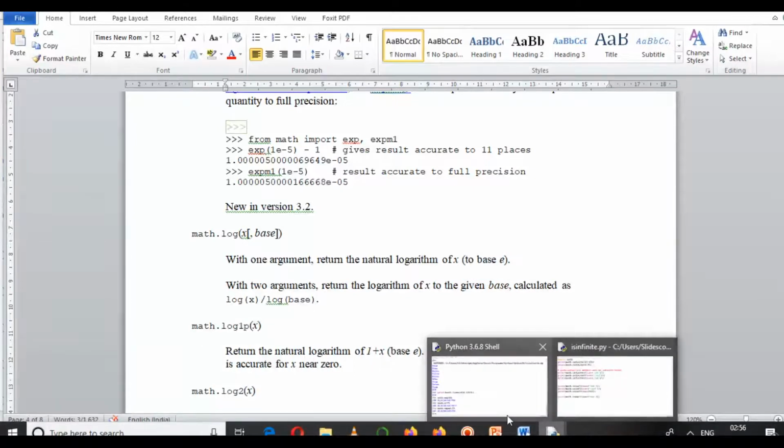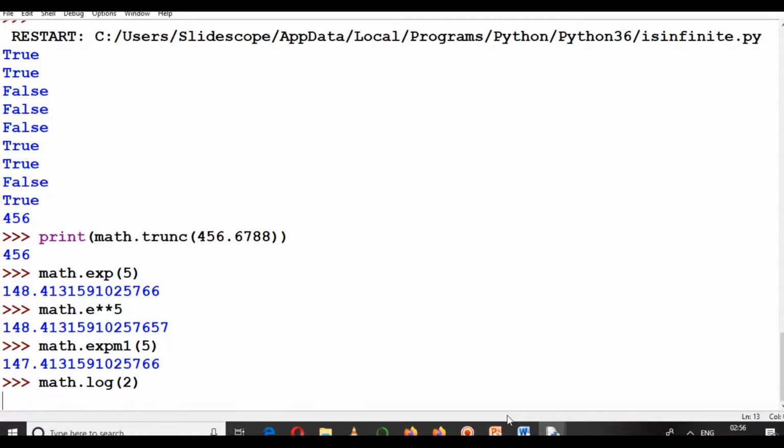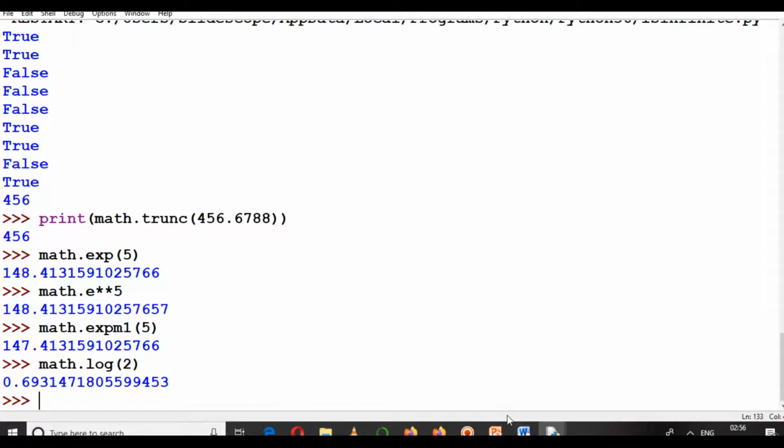So what we can do here is math.log. Suppose we have to calculate the log of 2. First we will write math.log(2), and we will get the value of log 2 where the base is e. Now math.log(2, 10).